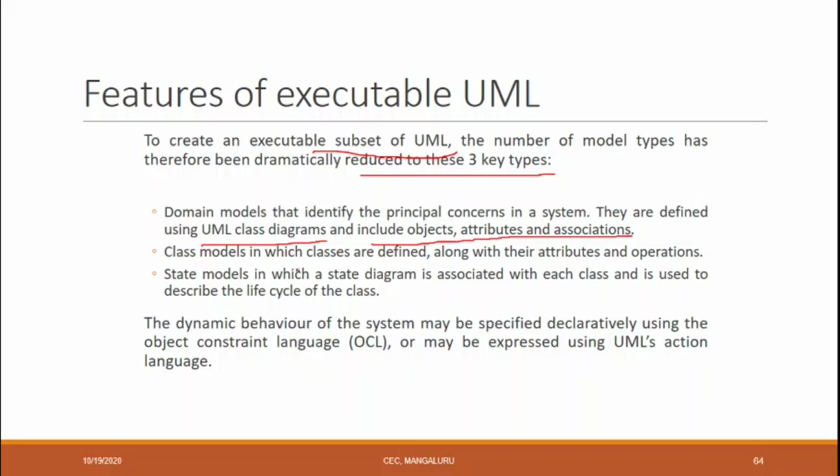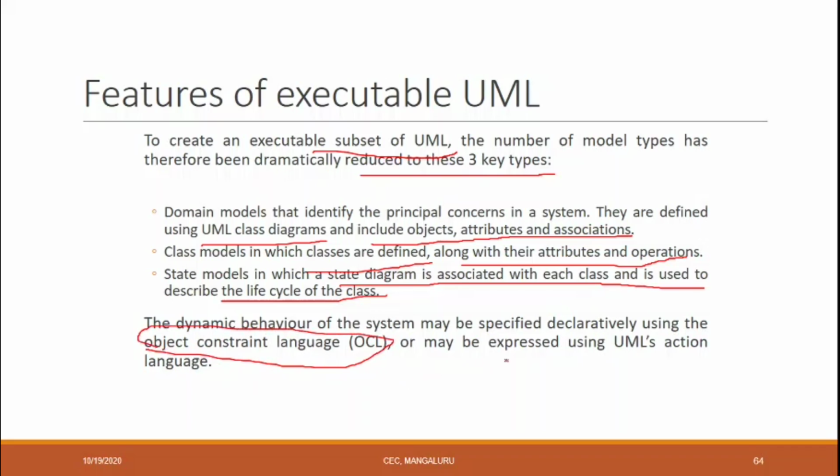Class models are those in which classes are defined along with their attributes and operations. State models: a state diagram is associated with each class and describes the life cycle of the class. Dynamic behavior of the system may be specified declaratively using the object constraint language OCL, which we saw in the second model, or may be expressed using the UML action languages.